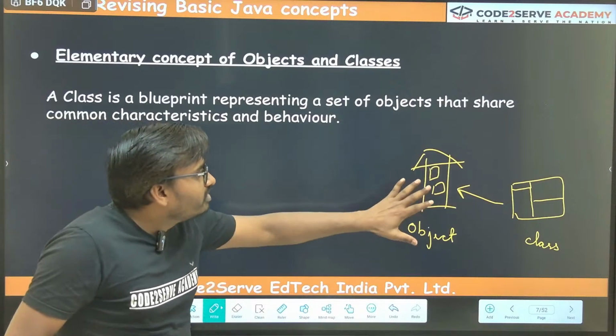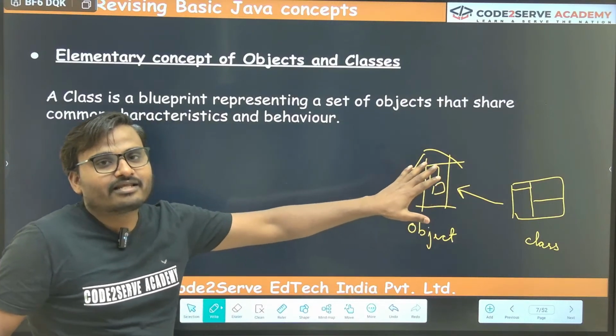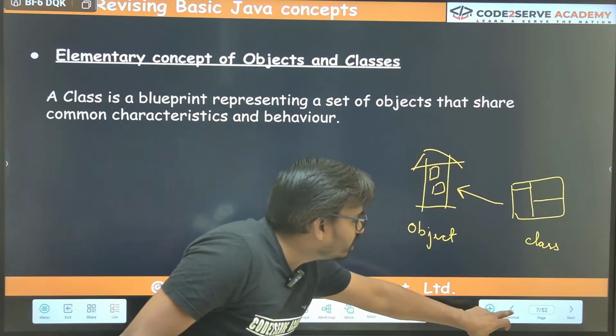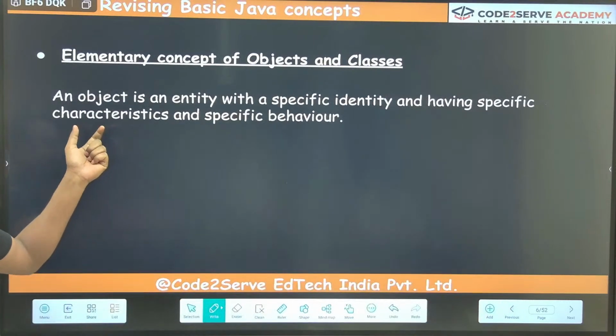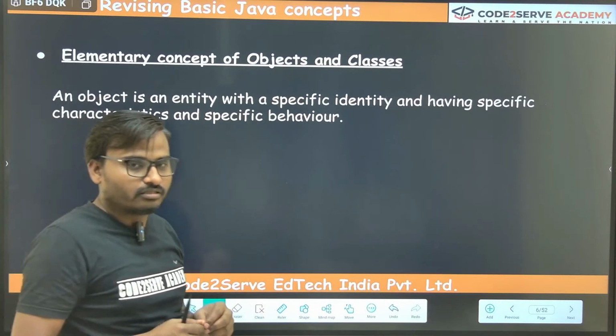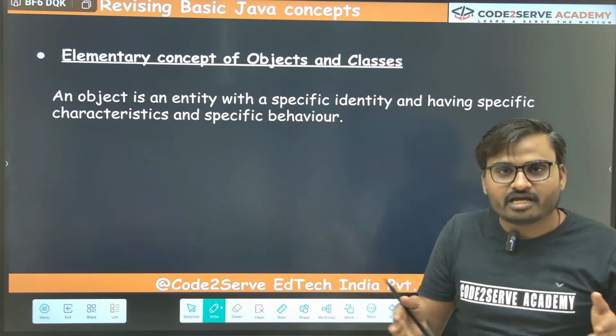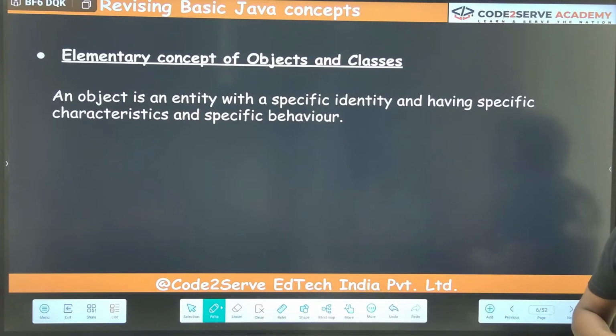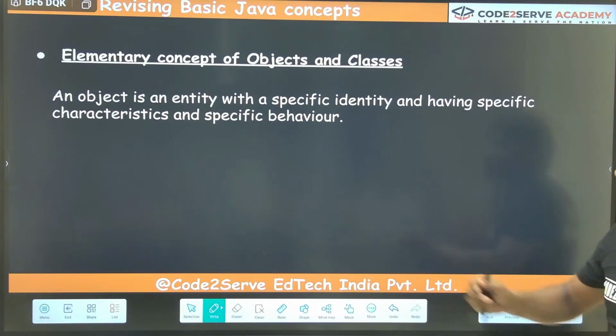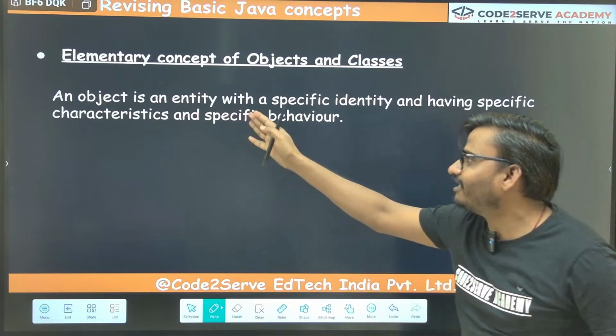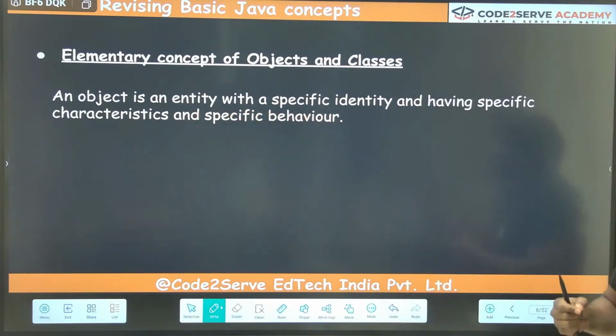So this was the concept of class and object. So coming back to object, if you try to relate this term with the real world, what you see around you, then you will be able to understand what an object is. What is an object? An object is an entity with a specific identity.